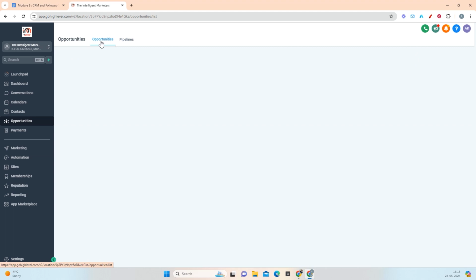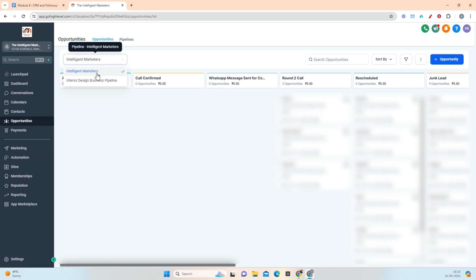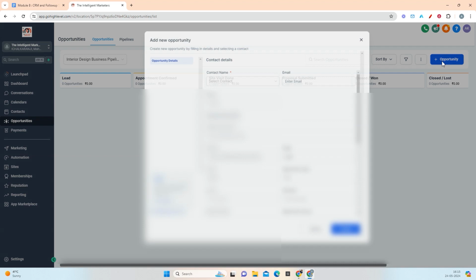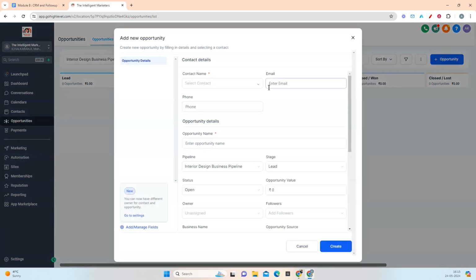Let us go into opportunities. Again, I'm repeating myself, it does not matter which CRM you are using. As long as you have a CRM, you will have a pipeline functionality, and a functionality to manage this pipeline. Now for example, I'll create a new opportunity.